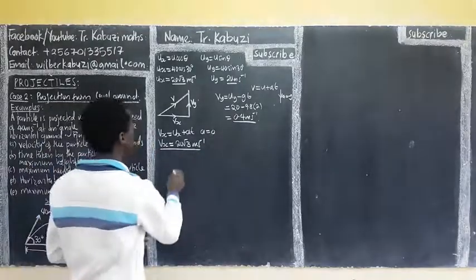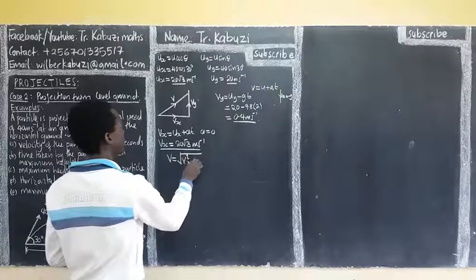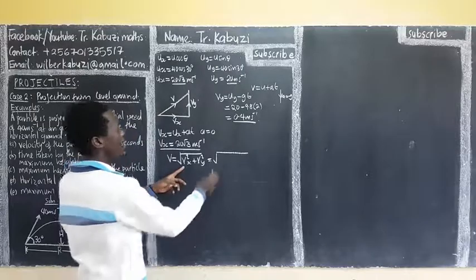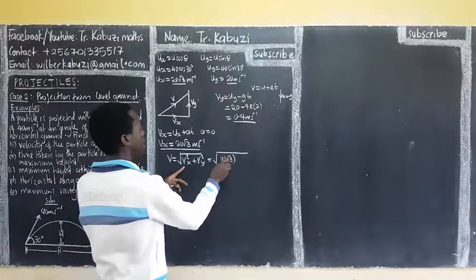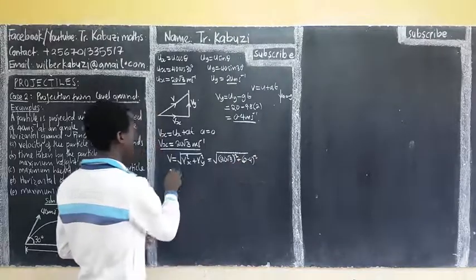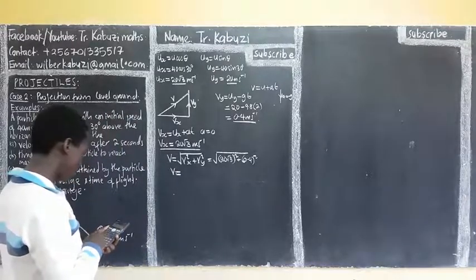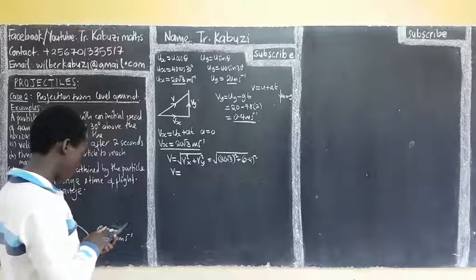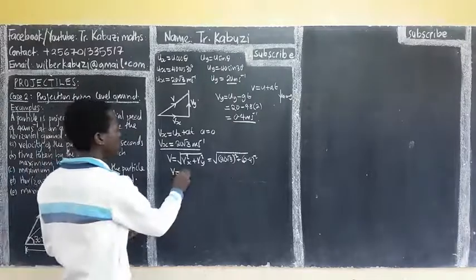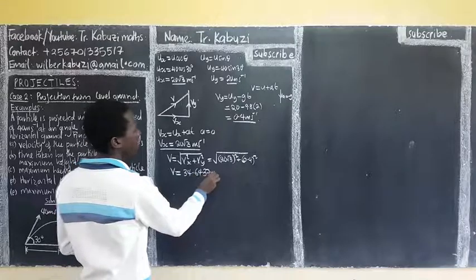Now our v is given by the square root of vx squared plus vy squared, which is the square root of 20 root 3 all squared plus 0.4 squared. We press that on the calculator, and this is 34.6433 meters per second.